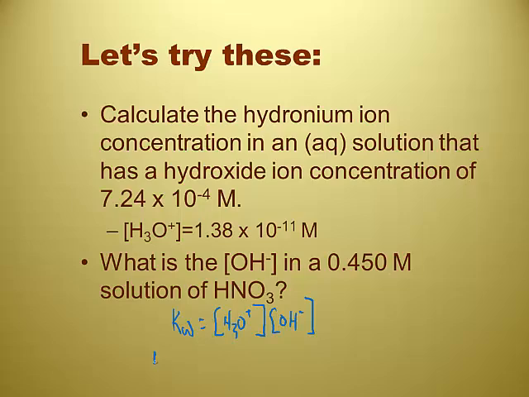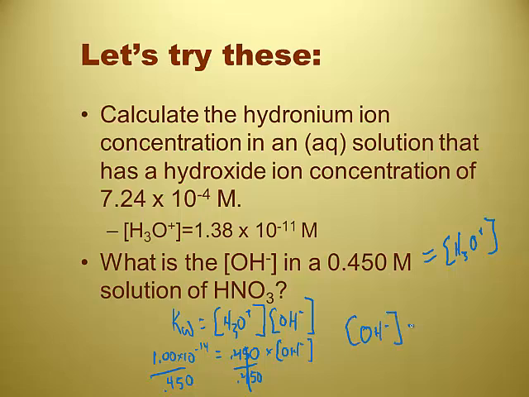Since it's a strong acid, at 25 degrees Celsius, I know what Kw is, and I know what the hydronium ion concentration is. This is going to be 0.450 times hydroxide. So my unknown is the hydroxide concentration. Hydroxide is going to wind up being 2.22 times 10 to the negative 14.